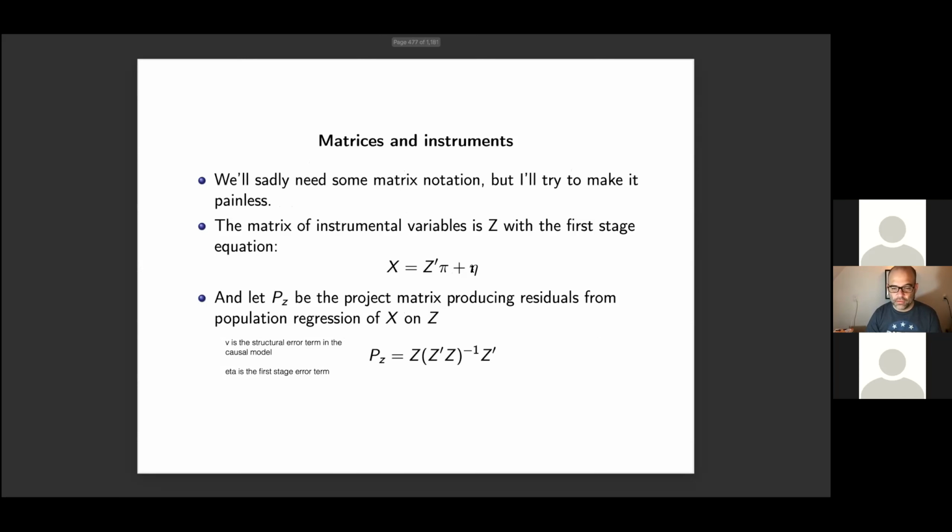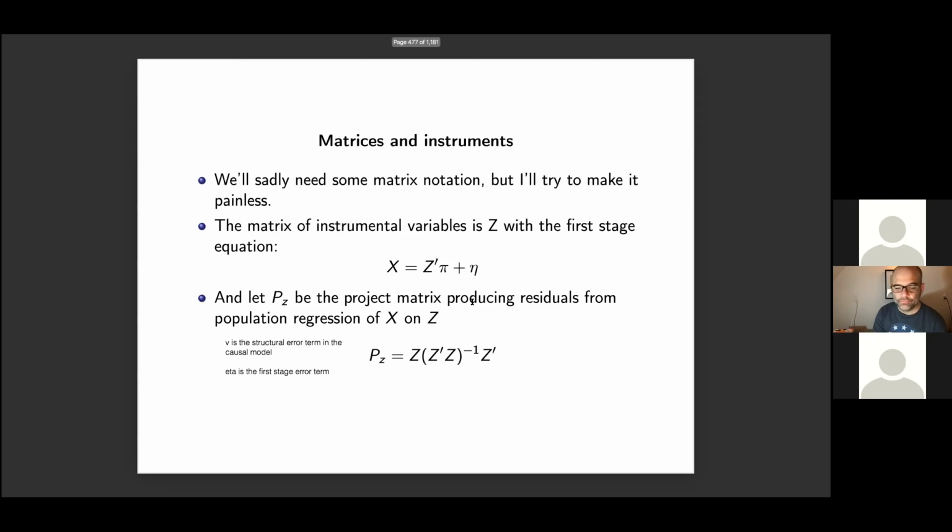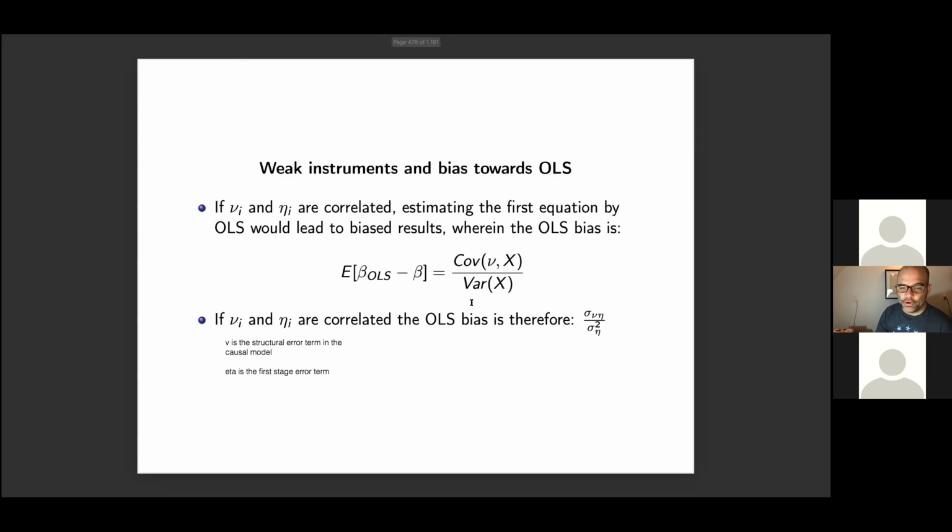I've got these unobserved determinants in eta here. So now X has an error term and it's correlated with this error term. If they're correlated and you estimate the first equation by OLS, it'll be biased. And here's the OLS bias.